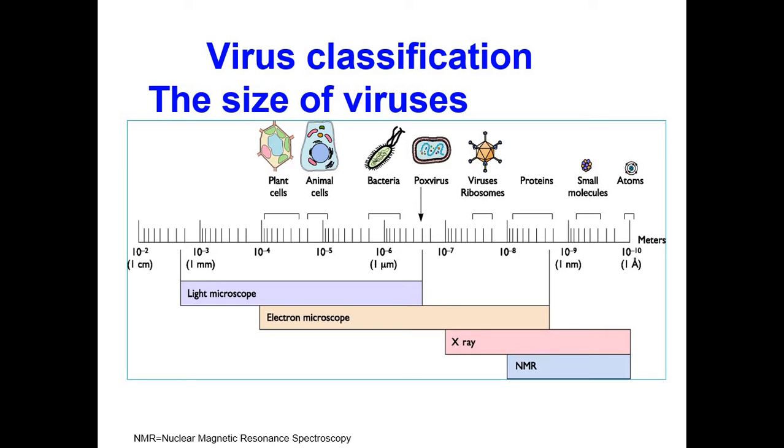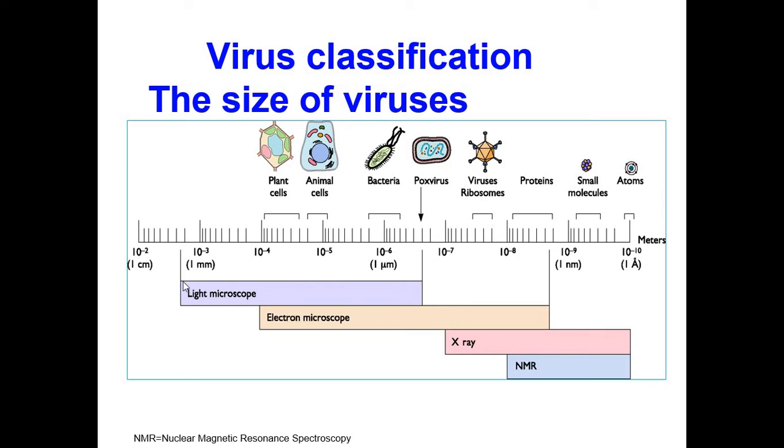In the first depiction you can see different microscopes like the light microscope, electron microscope, X-ray microscope, as well as nuclear magnetic resonance microscopy or spectroscopy. In this depiction they have different resolving powers as well as magnification ranges.